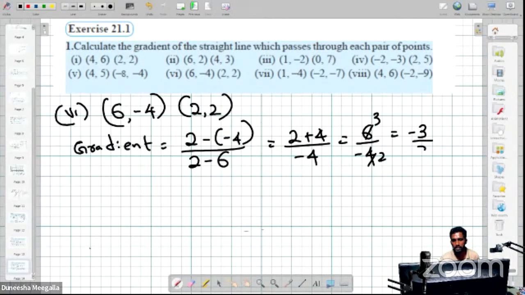Minus 3 divided by 2. 6 done. 6 comma 6 done. Then 7th one.